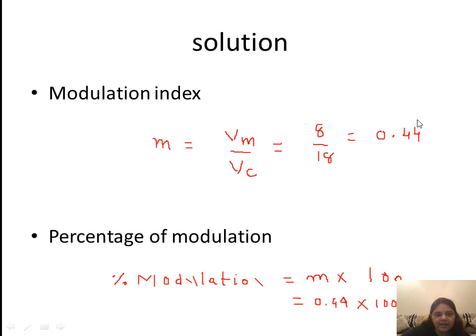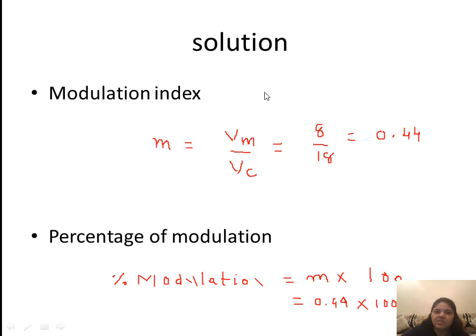If m is less than 1, it is under modulation. And m greater than 1 is over modulation. In case of proper modulation, we can recover the proper wave. In case of m greater than 1, distortion will occur.